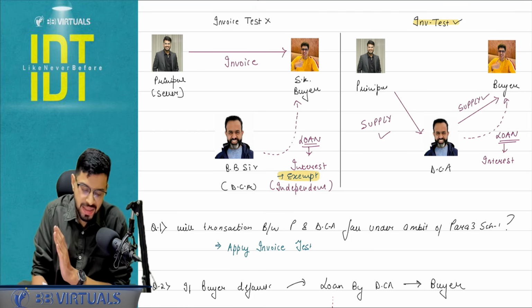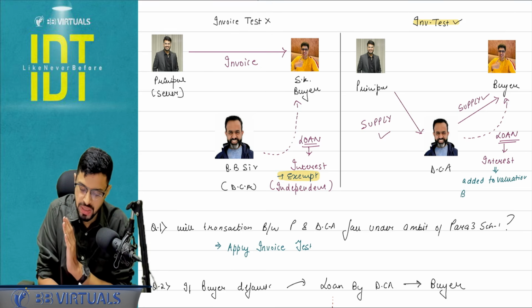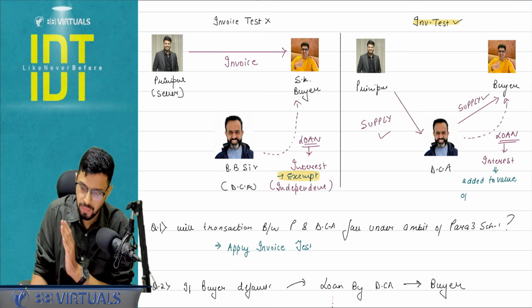Absolutely correct. In this case, interest will be added to the valuation. It will be added to the value of supply by the DCA to the buyer.